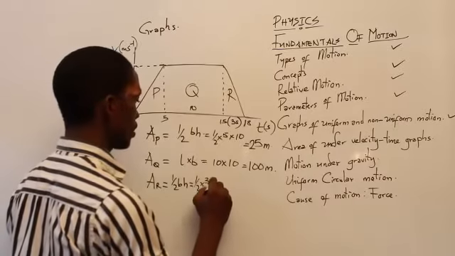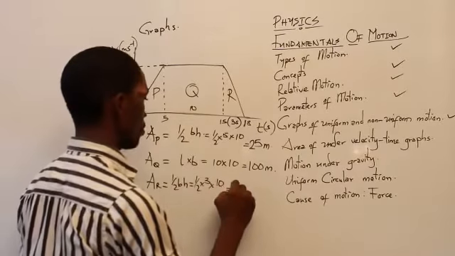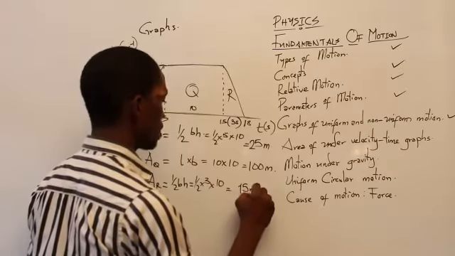So I have my 3, and my height remains 10, which would give 15 meters.